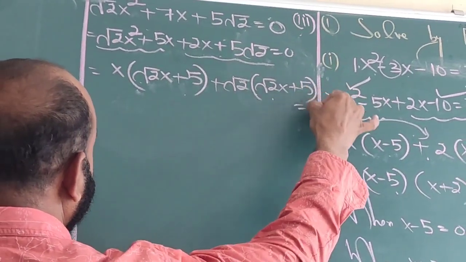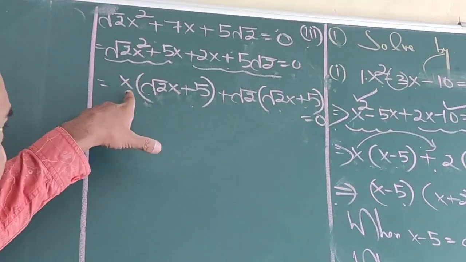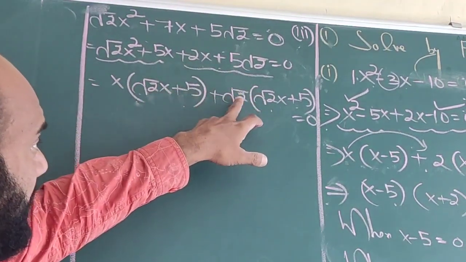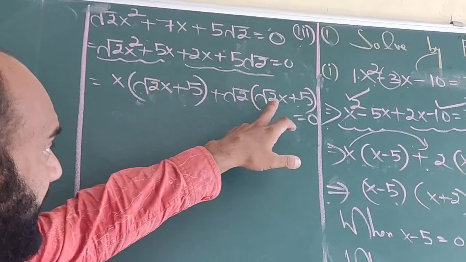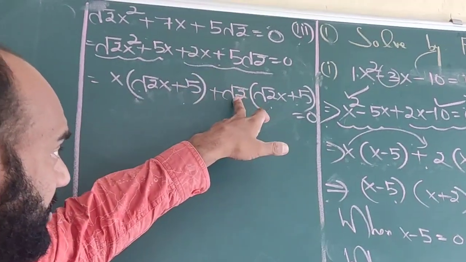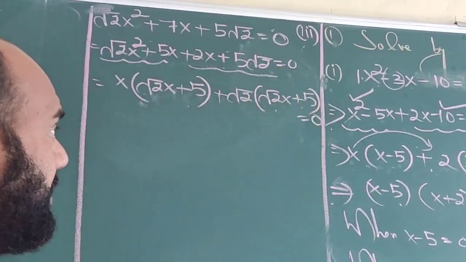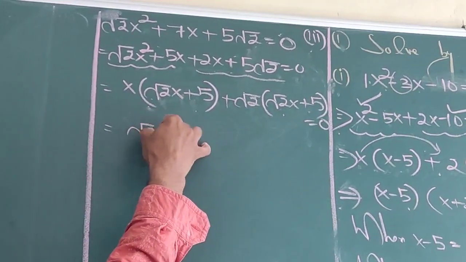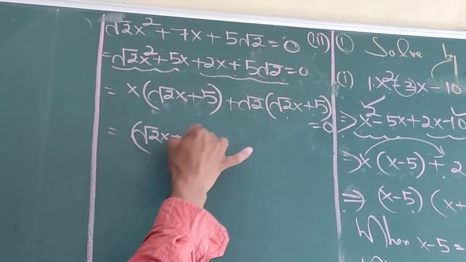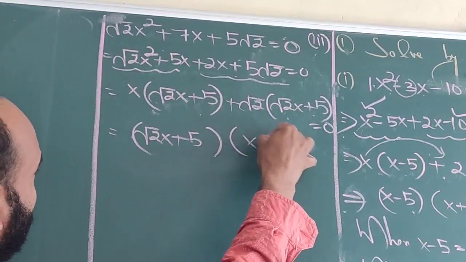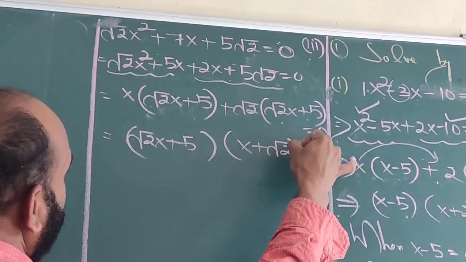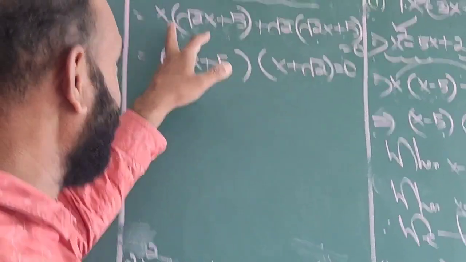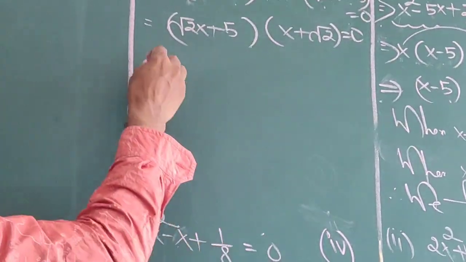We check this: root 2 multiplied by root 2 x is 2x, and root 2 multiplied by 5 root 2 is 5 root 2 times root 2. So there is root 2 x plus 5 and next is x plus root 2 equal to 0, because root 2 x plus 5 is the common factor and the remaining factor is x plus root 2.